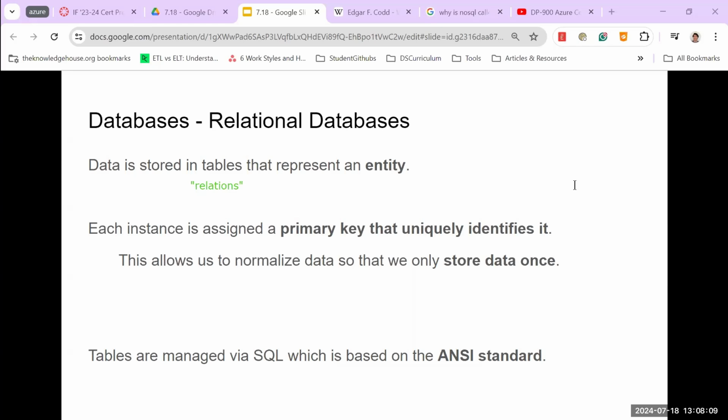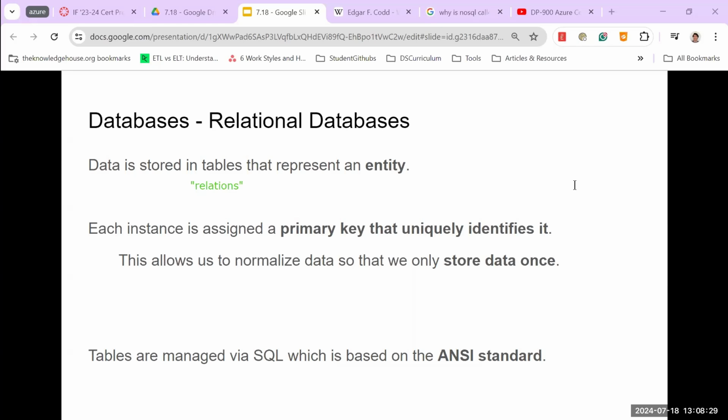And each of these rows should be assigned some sort of key that uniquely identifies it, right? Basically, we want to do something called data normalization, which we'll talk about in the upcoming slides or lectures.